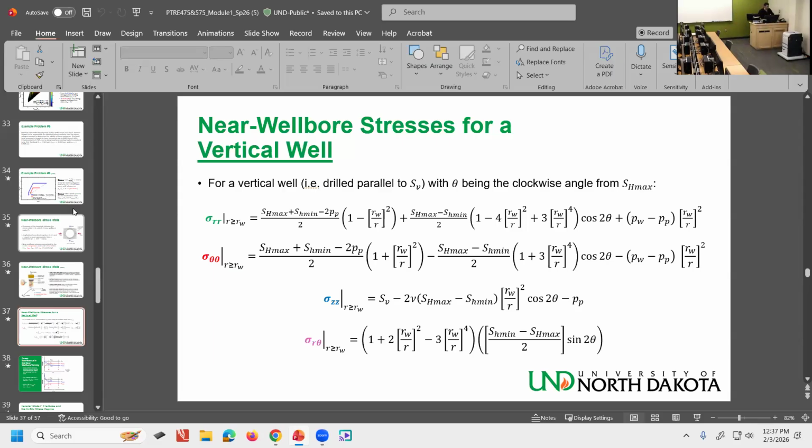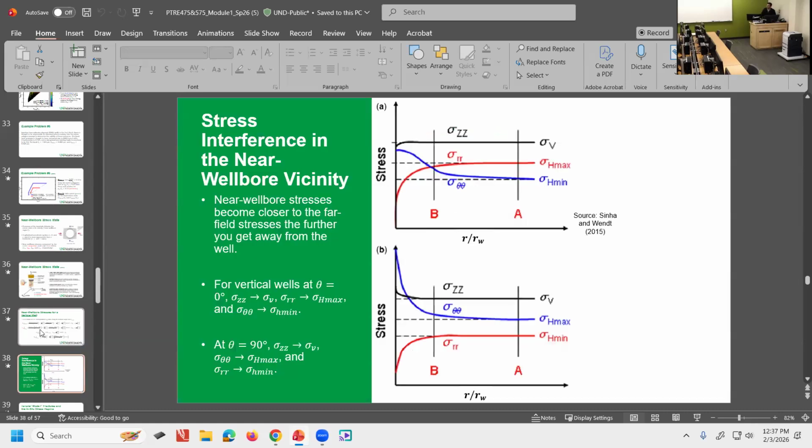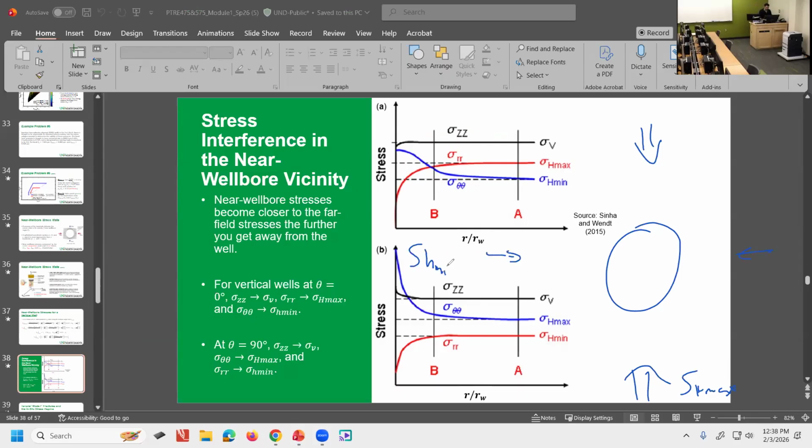And we saw something very interesting: looking at the angle theta equal to 0, far from the wellbore, the radial stress is the same as SH max.